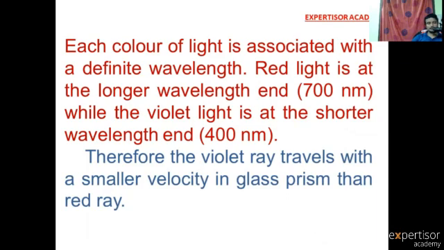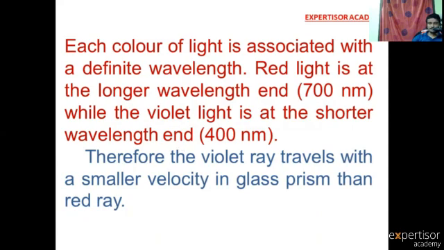Because we know the relation E equals h nu, energy equals Planck's constant into frequency. Frequency nu equals c by lambda. So energy is inversely proportional to wavelength. If wavelength is very high, energy is very low; if wavelength is very low, energy is very high.